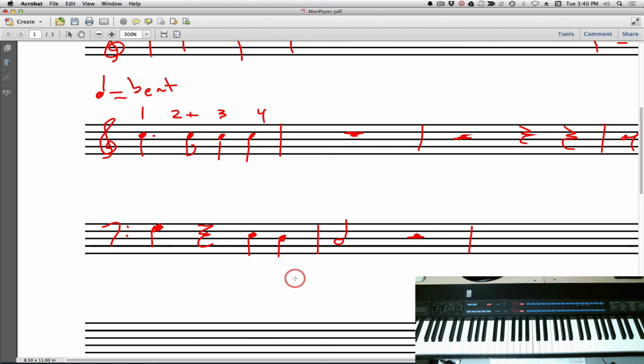Right? So here's beat 1. Here's beat 2, which is silence. Here's 3, 4, and then 1, 2, 3, 4. Then you're off. Okay? So as long as there's a note there, then there's going to be sound. If there's a rest, then it's going to be silent.